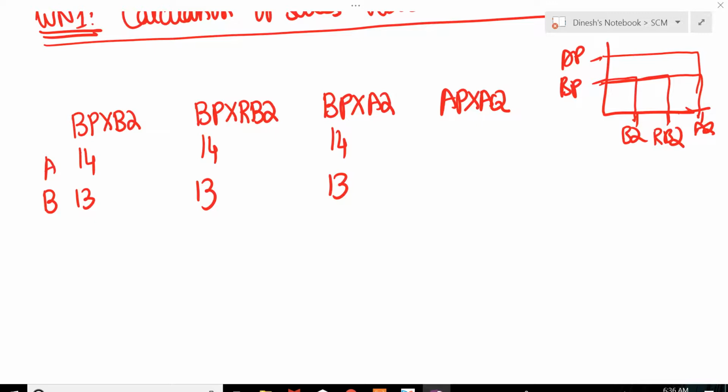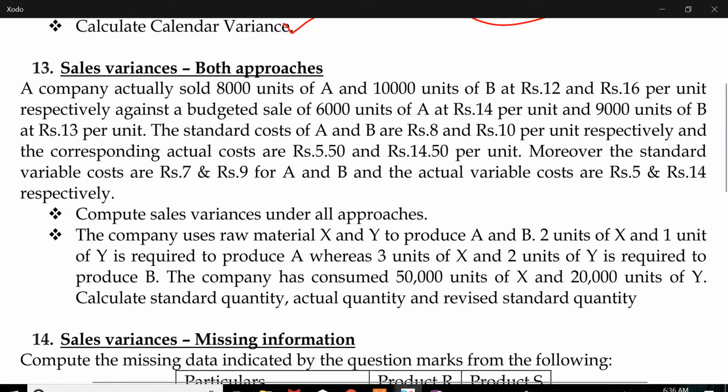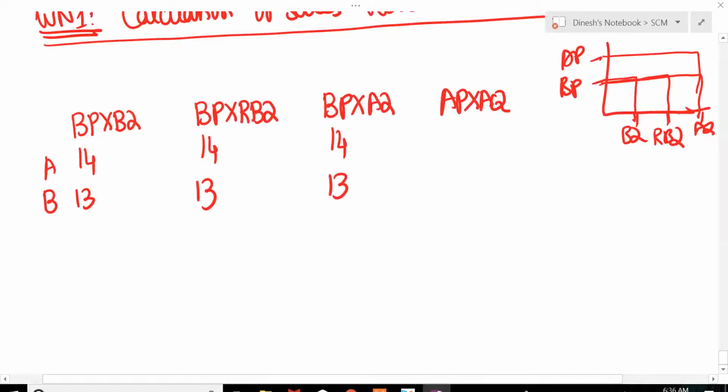AP refers to the price at which it is actually sold. At what price have we sold it? 12 and 16. So BP is 14, 13, 14, 13, 14, 13, and AP is 12, 16. AQ refers to actual quantity sold.